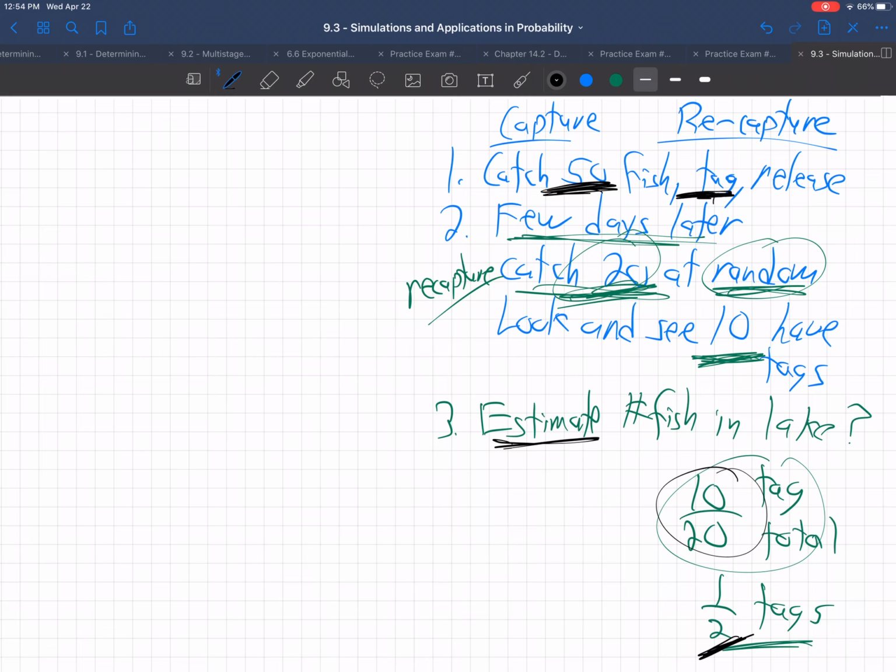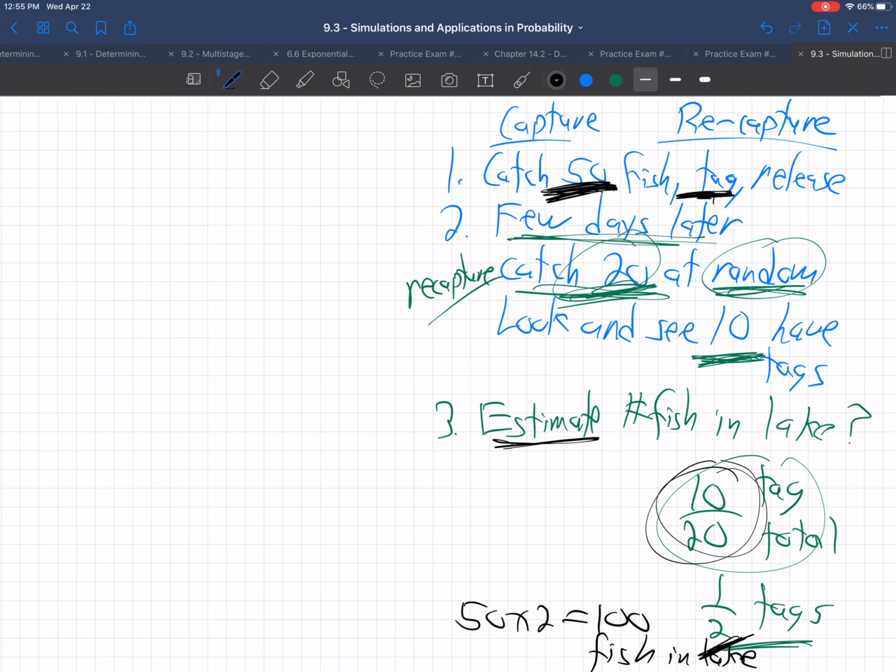If about half the lake has tags and 50 have tags, how many are in the lake? 50 times 2. Must be about 100 fish in the lake, right? Because 50 have tags and about half of the lake is tagged.